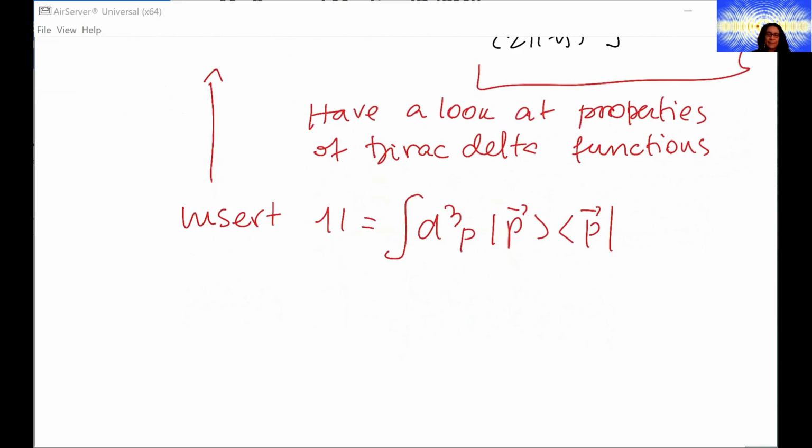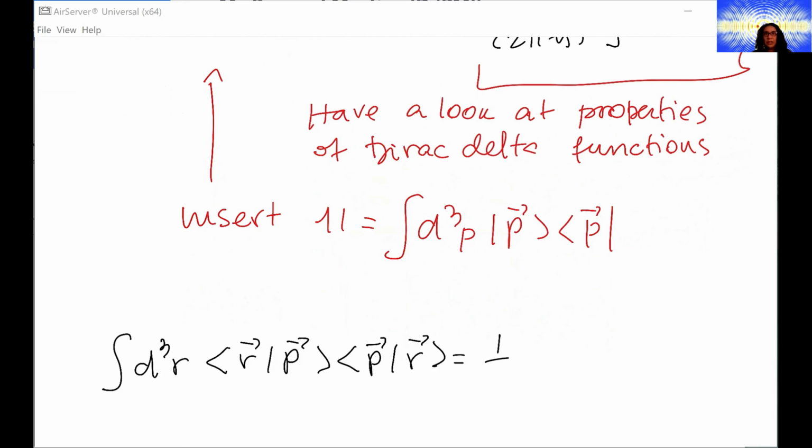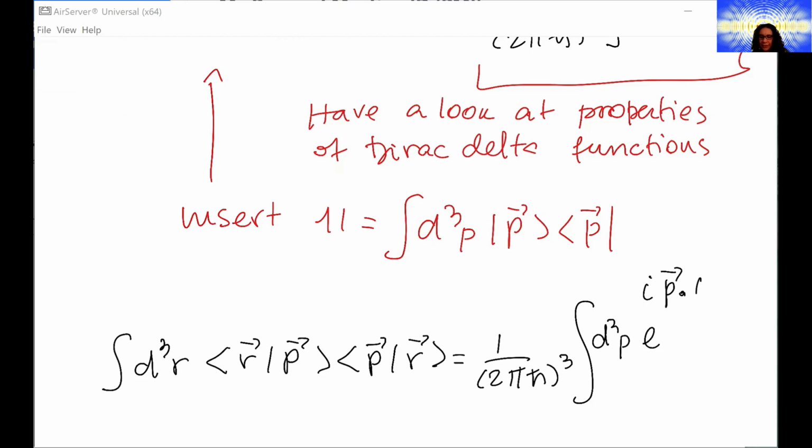So if we do that, we find that ∫d³p ⟨r|p⟩⟨p|r'⟩ is equal to 1 over (2πħ)³ ∫d³p e^{ip·(r−r')/ħ}, right?